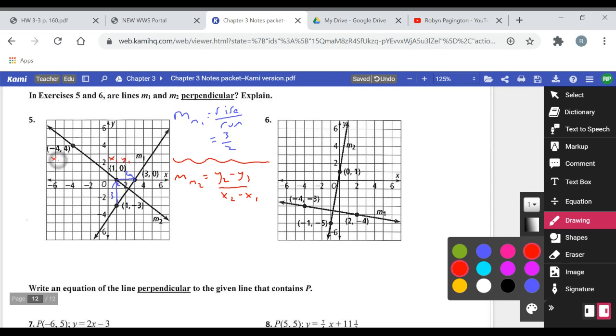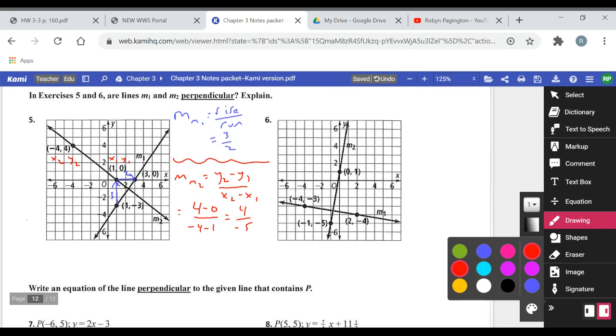The other one I'll label x2, y2. So when I plug that in, if I subtract the y's, then I've got 4 minus 0. If I subtract the x's, I've got -4 minus 1. And I end up with 4 over -5.